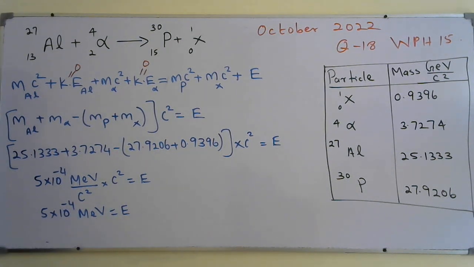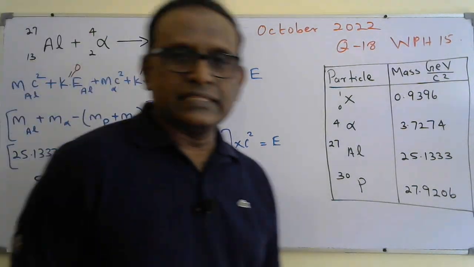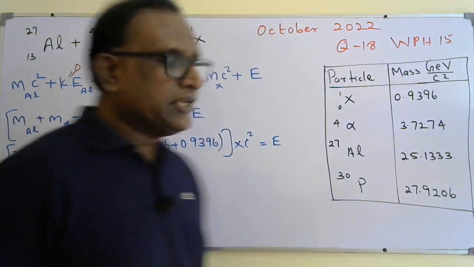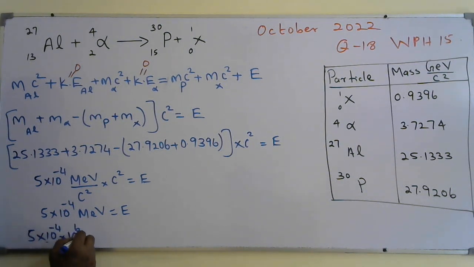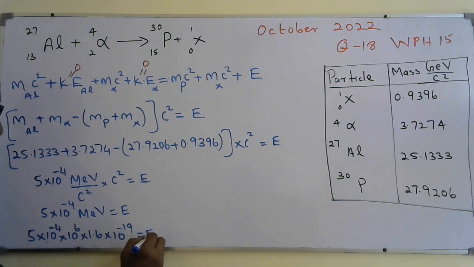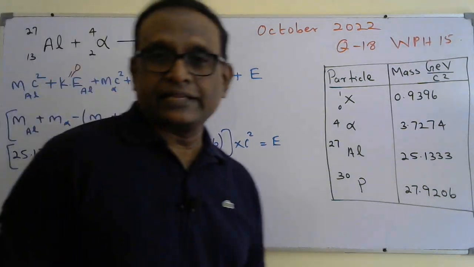If you want, you can convert it into joules. I think in the question paper they asked to find the energy release in joules. Anyway, you know how to convert it: 5 into 10 to the power minus 4 into mega, 10 to the power 6, into 1.6 into 10 to the power minus 19 is the energy release. So here you are getting a positive energy release, not a negative quantity.